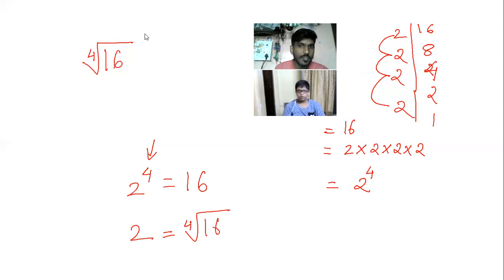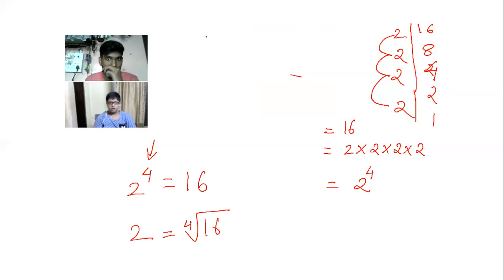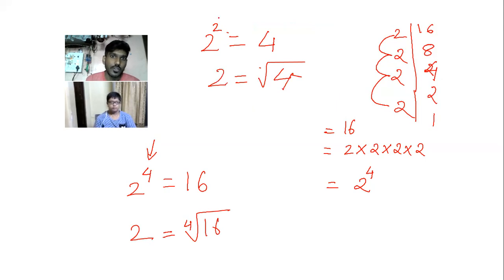I'll explain with a smaller number. You know that 2 square is 4, and then square root of 4 is 2. So this 2 means square root. That means square root of 4 is 2.